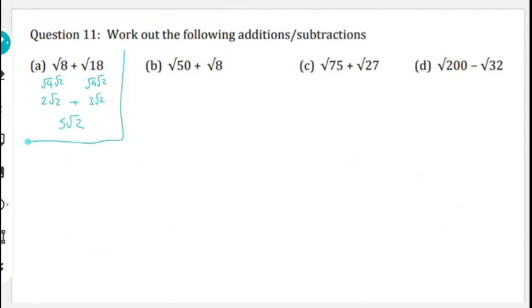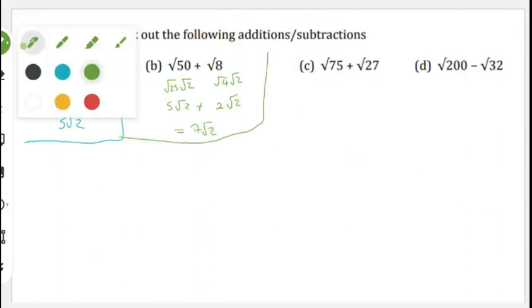Nice. Then the next one, I got 7 root 2. Sounds good. So square root of 50 is square root 25 square root 2, which is 5 root 2. Square root of 8 is square root of 4 square root of 2, which is 2 root 2. That gives us 7 root 2.